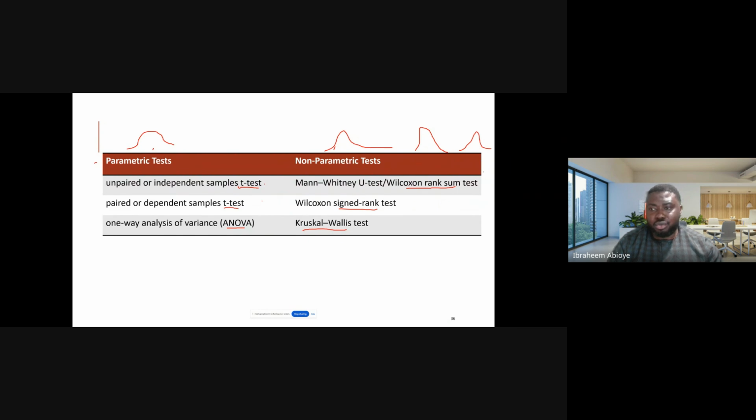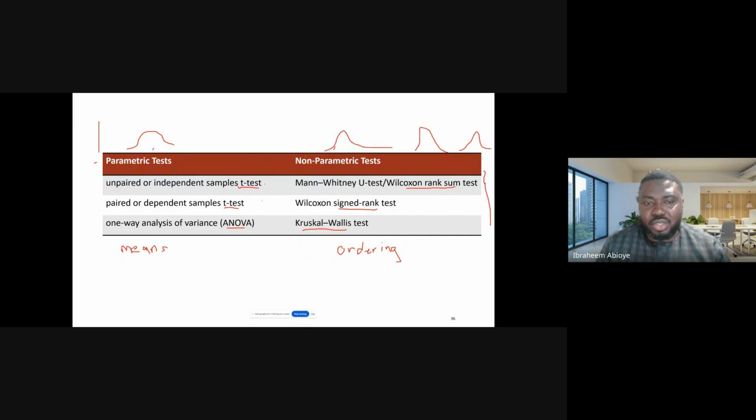Rather than compare the means, these tests compare the ordering. It's not quite the median that they are comparing. Instead, you order the values from the smallest to the largest for each of the groups, and then look to see to what extent those orders are different from each other.